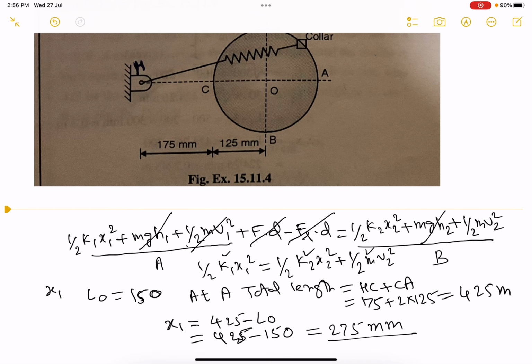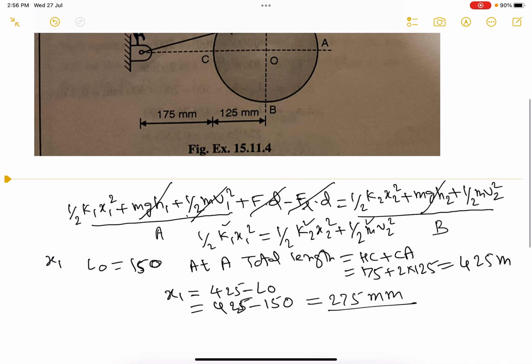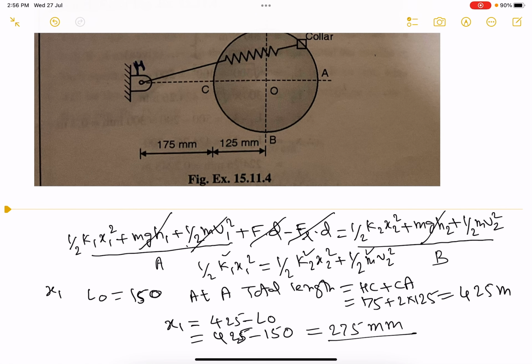Now this is x1. Can we similarly find x2? x2 is the stretching or compression of the spring. Deformation is not the correct word; if the spring could be stretched or compressed, deflection is the correct word.